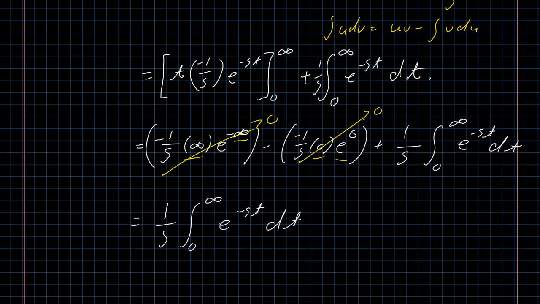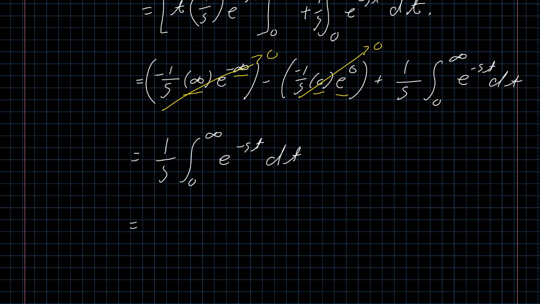All right. Now all we have to do is deal with the integral e to the minus st dt. Well, that's going to be minus 1 over s, which when we multiply times 1 over s is minus 1 over s squared, times e to the minus st. And we'll evaluate this at 0 and at infinity.